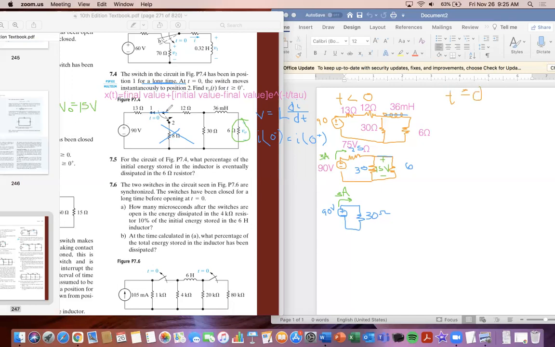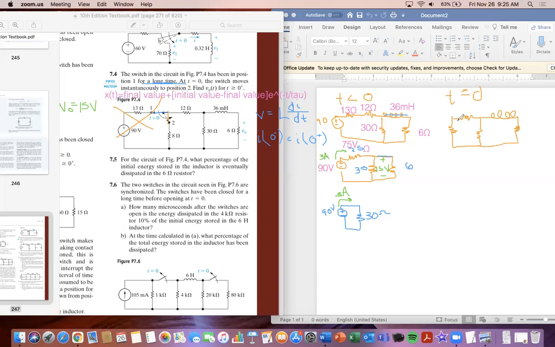We can disregard this part because the switch is closed here. So our circuit is going to look like this, where we have the 8 ohm, the 30 ohm, the 12 ohm, and then the 36 millihenries and the 6 ohm resistor.